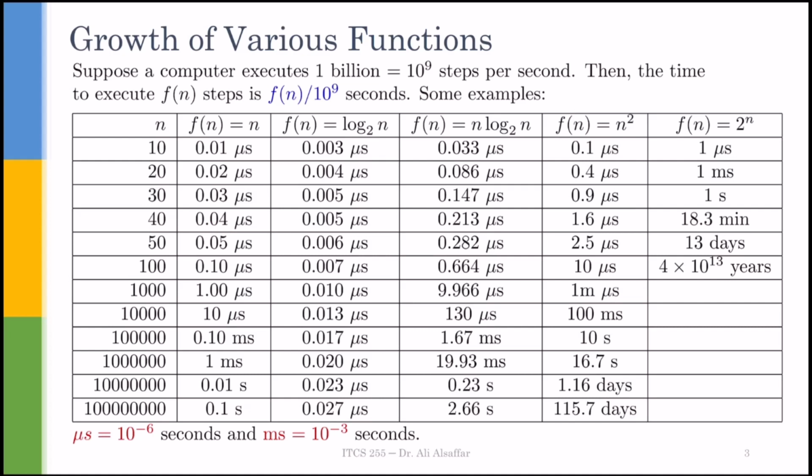For n multiplied by log n, it spends 0.213 microseconds. For the quadratic, it executes in 1.6 microseconds. And for the exponential, it is 18.3 minutes. All of the running times are in microseconds, except the last one, which is in minutes. So there is a very big difference between the running time of all functions compared to the exponential.